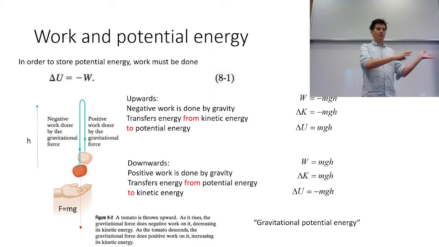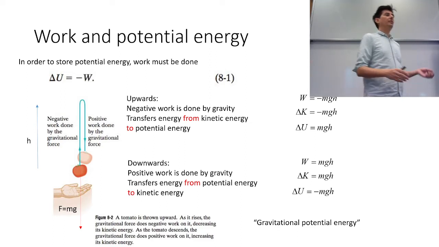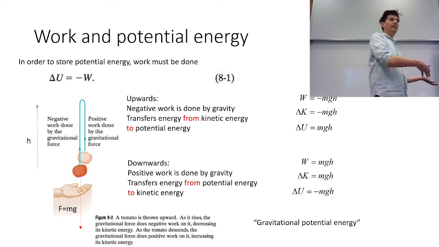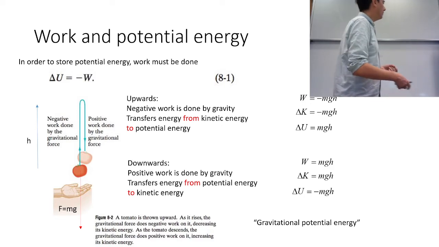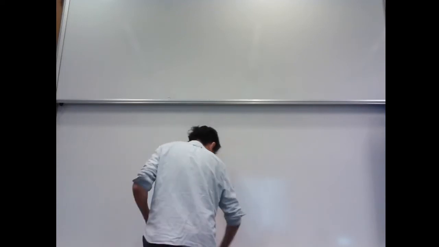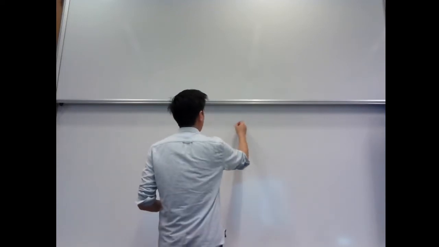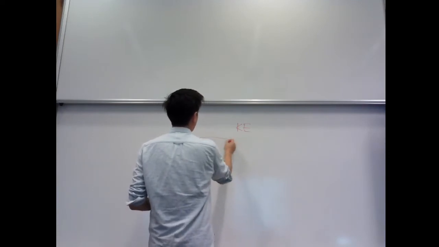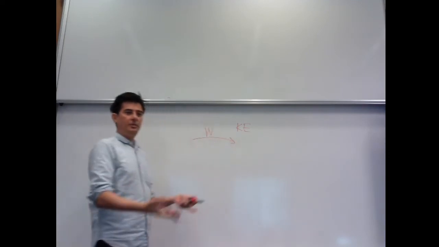Work is always associated with the transfer of energy, so there's always a gaining party and a losing party, right? What the kinetic energy work theorem was saying, I'll do this in a slide in a minute, is that the work is the amount of energy that's transferred.